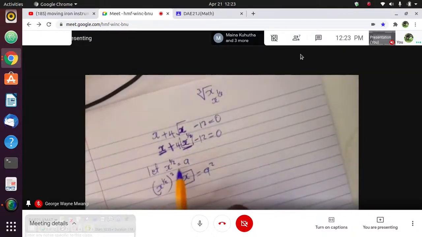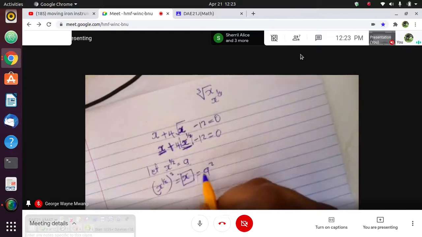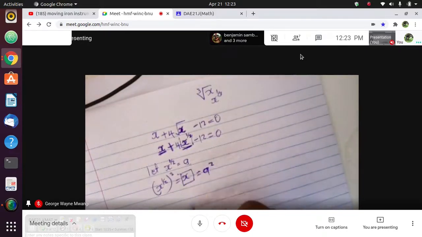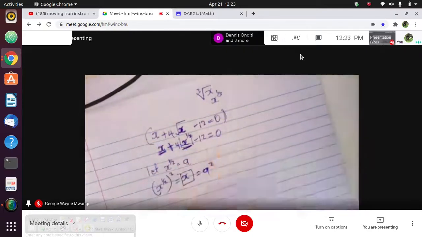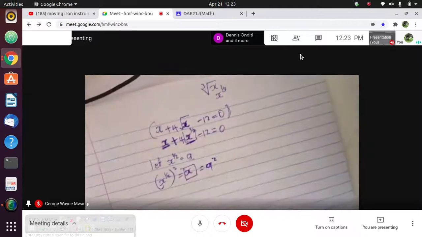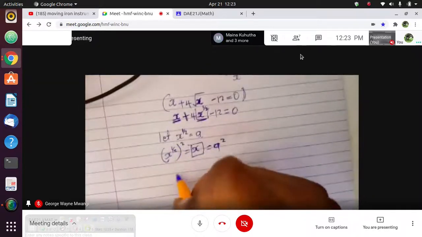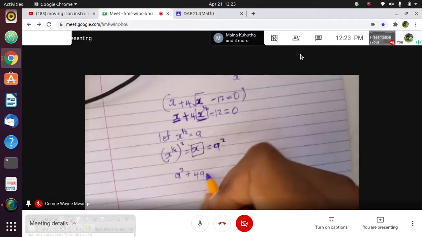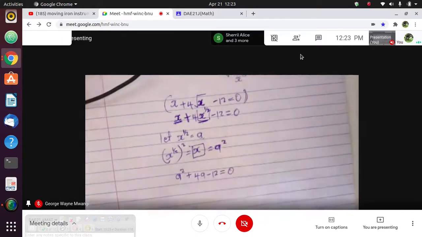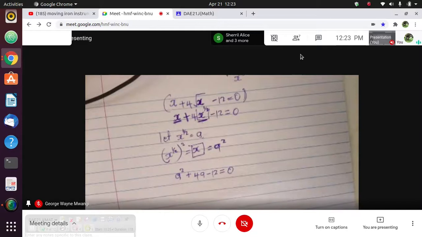If a is x raised to the power half, then x will be a squared. Using substitution, we can convert this initial equation to become a quadratic equation. Now, a squared plus 4a minus 12 is equals to 0. Are we together?